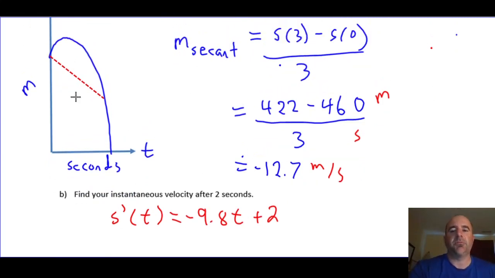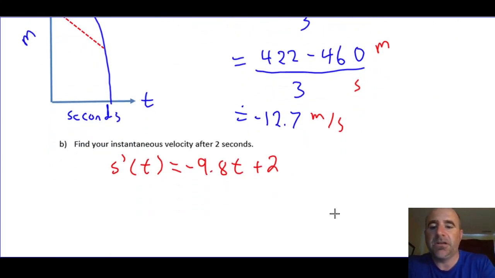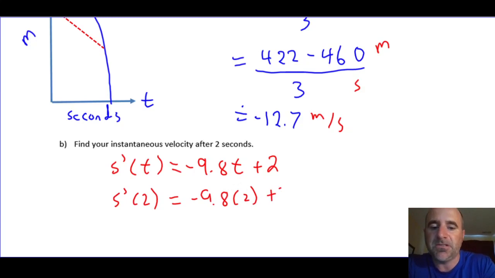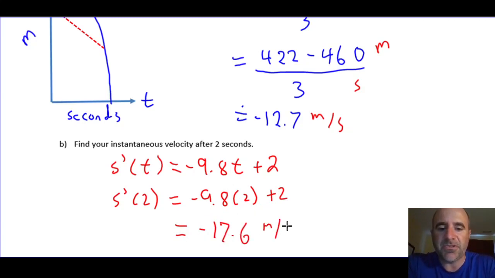That gives me the slope of the tangent at any point on the curve. I want to know at 2 seconds. So s prime of 2 is negative 9.8 times 2 plus 2, which gives you negative 17.6. And again, our units are meters per second.